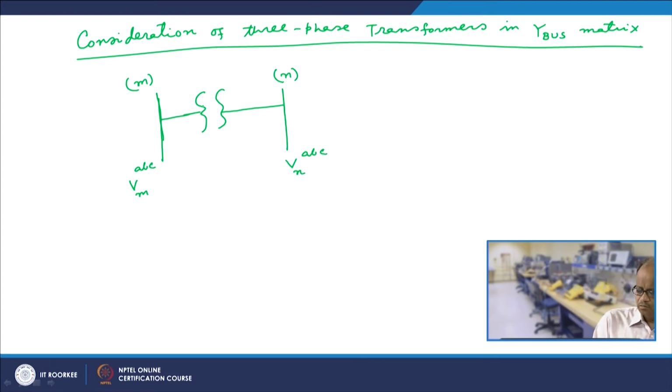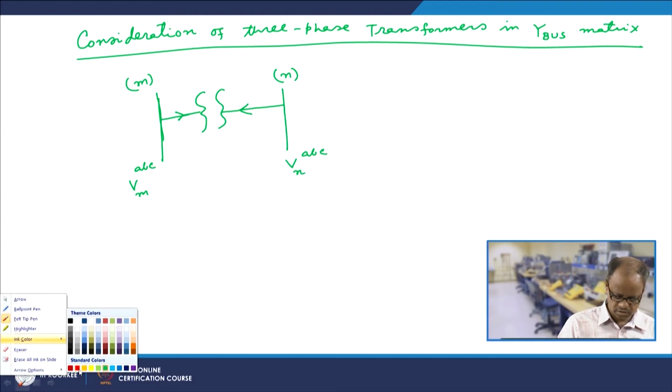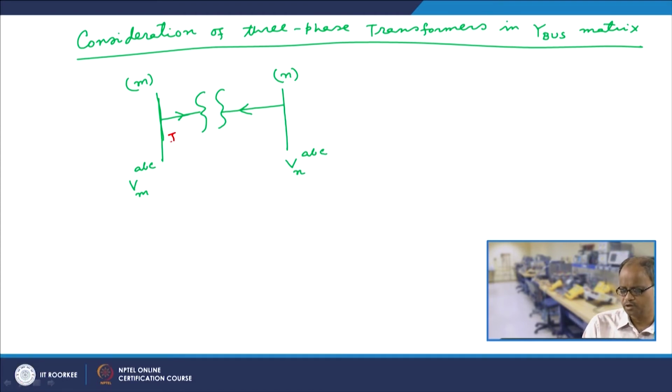Now, we have got Vm ABC and Vn ABC. When we are modeling the transformer, what we do is we denote some currents going into the transformer from these two buses. Because this is a 3-phase transformer, although we are showing it as one single line, it is actually a 3-phase line.